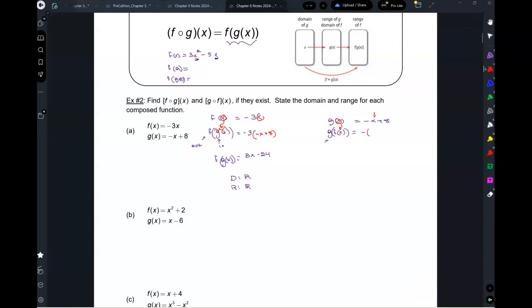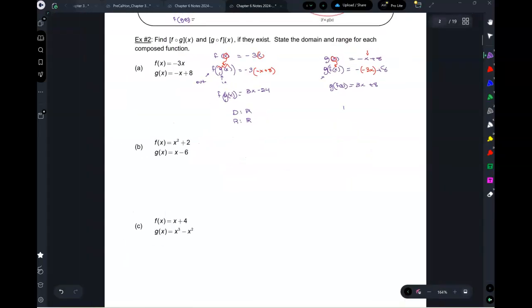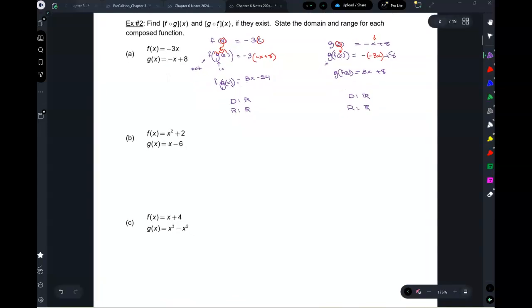X becomes f of x plus 8. So g of f of x is 3x plus 8. The domain is all real numbers. The range is all real numbers.